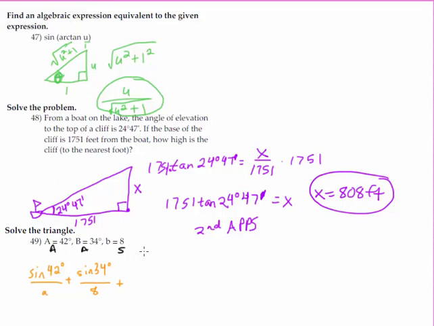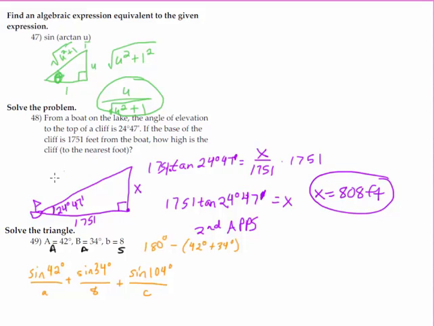Now, because we know two of the angles, we can do 180 minus those two angles and figure out what our third angle is, which is 104. And then we don't know C.